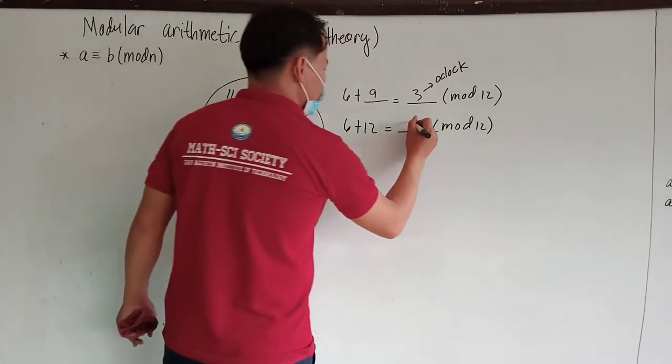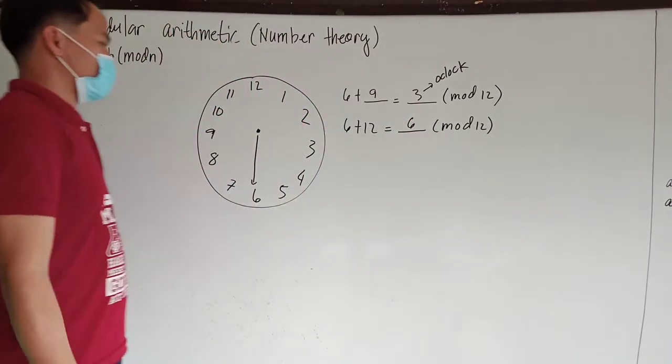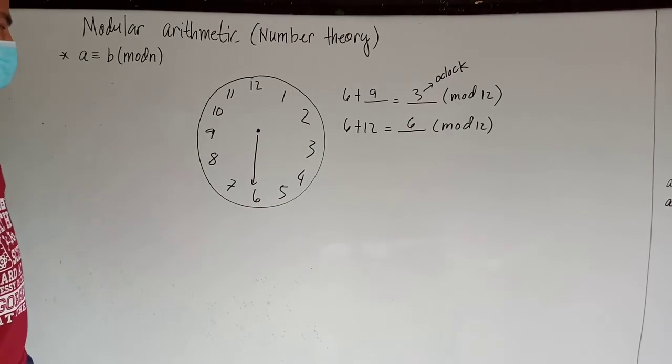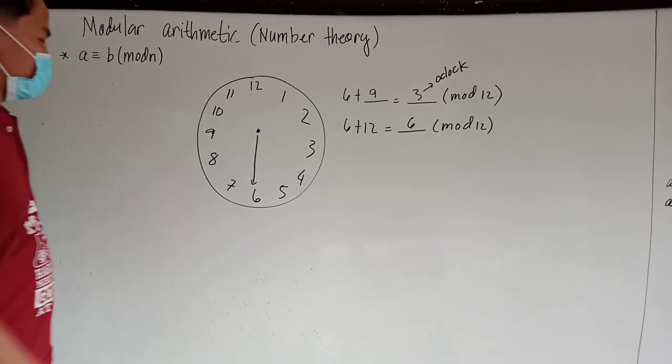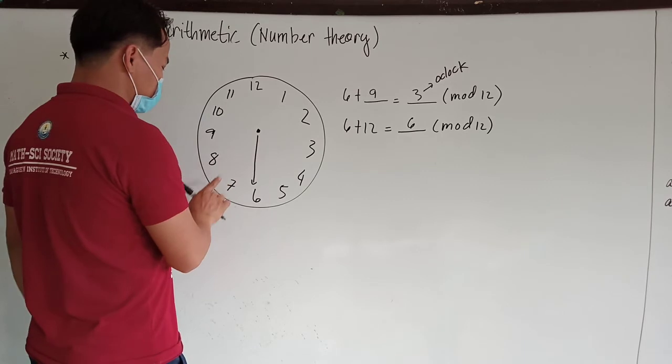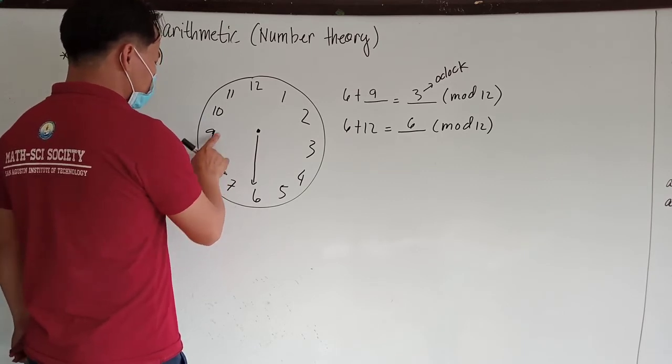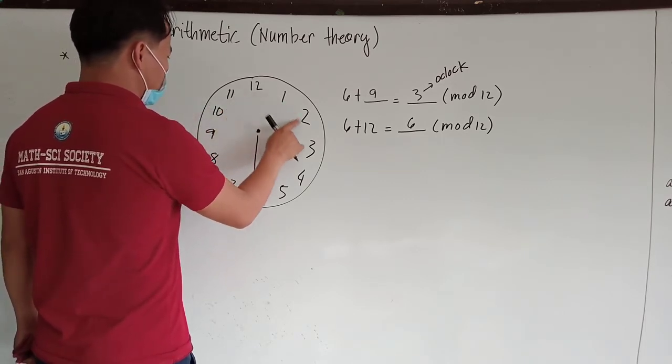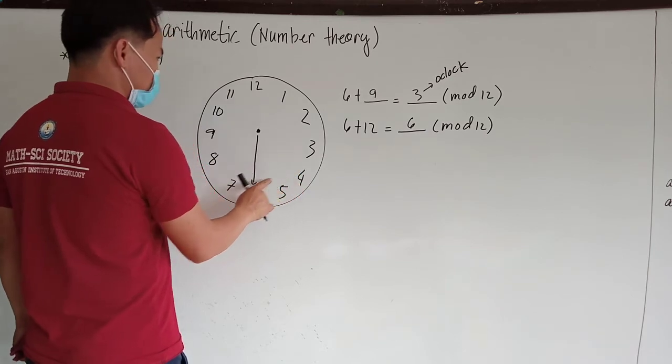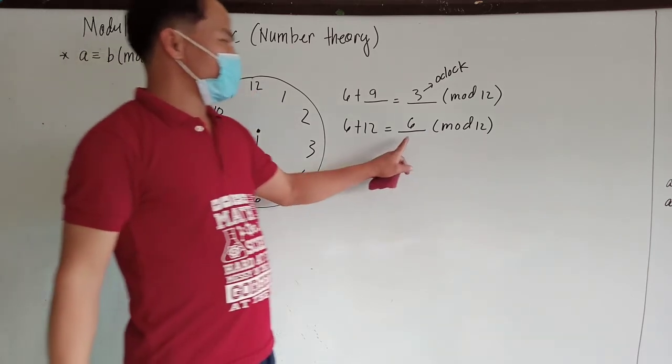So we have 6 here as the remainder. So the answer is 6 o'clock. Why? 1, 2, 3, 4, 5, 6, 7, 8, 9, 10, 11, 12. So the answer is 6 o'clock.